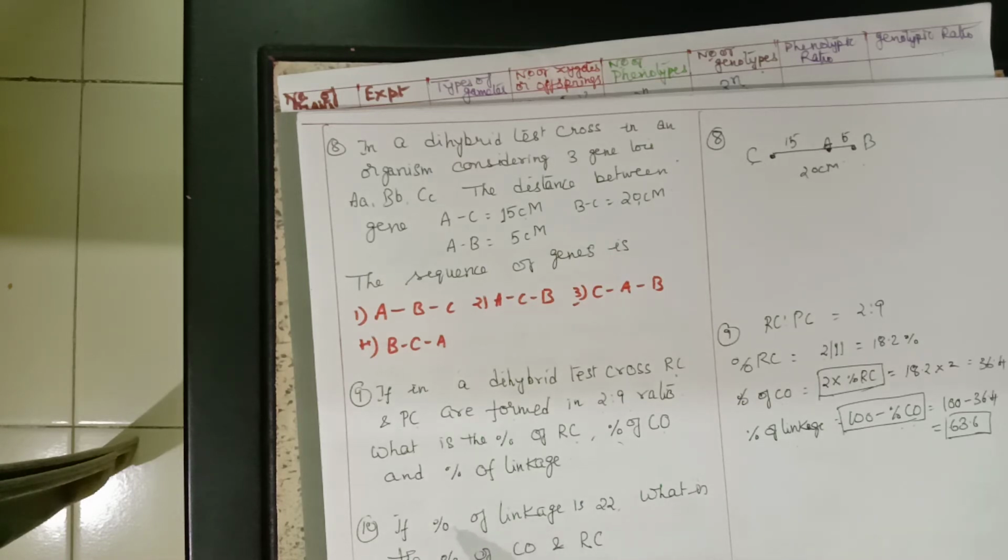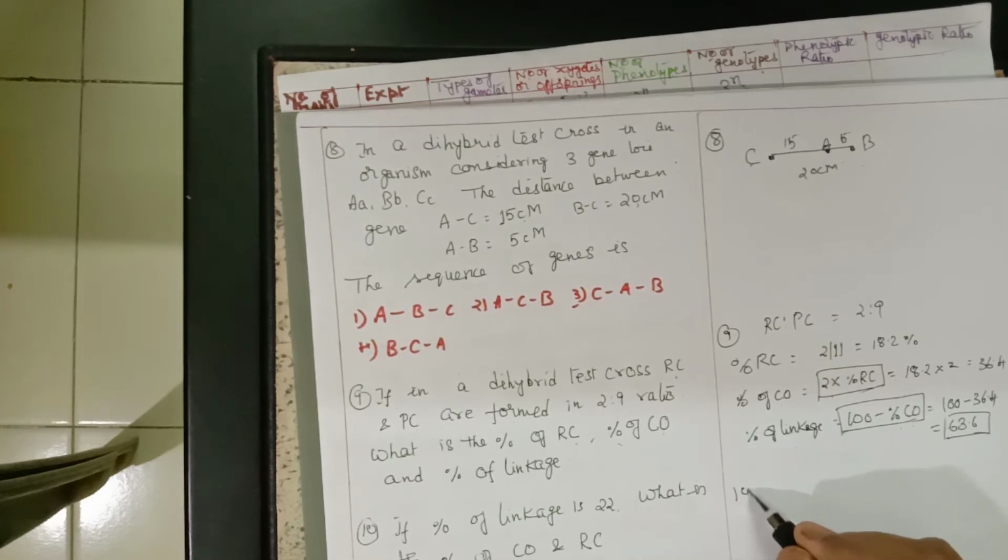If percentage of linkage is 22, what is the percentage of crossing over and recombination? Percentage of linkage is already given as 22.